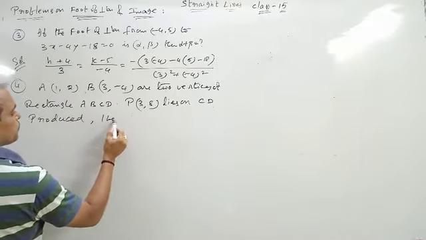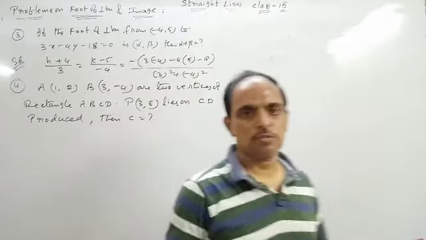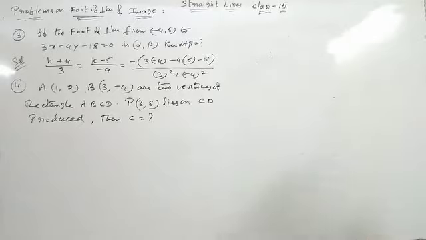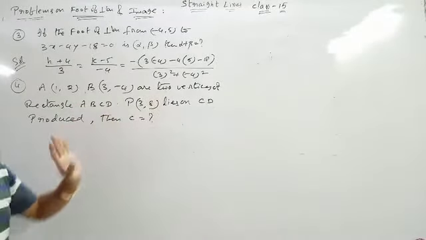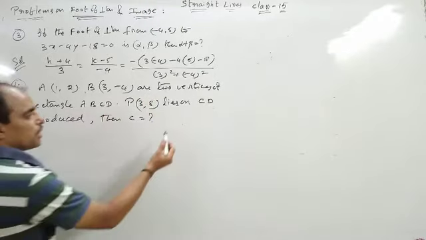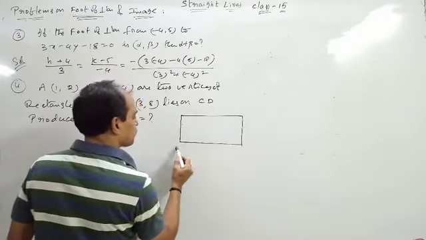Then C is equal to, that will be the question. It's one of the good questions. So A(1, 2) and B(3, minus 4) are two vertices of a rectangle. Let us suppose this is the rectangle ABCD.